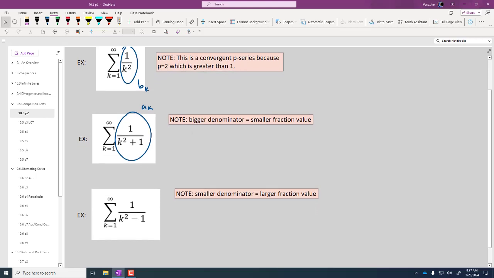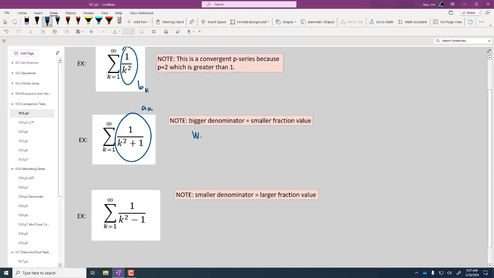What I want to show, WTS, is that those are smaller than, and you can say greater than or equal to, the b sub k's. So the b sub k's we have as converging, it's a convergent series. We're analyzing these a sub k's, this a sub k series. That's what we want to show.